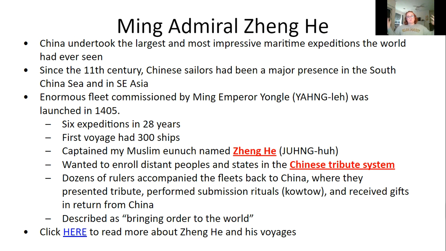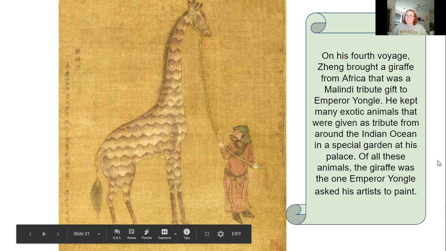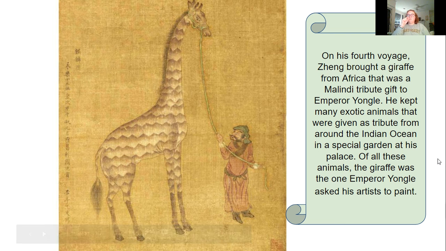They would perform the submission rituals that we talked about, the kowtow, and then they would also receive gifts in return from China. He did this because he wanted to bring the world together. And I highly suggest clicking on the link there because you learn a lot more about his expeditions.